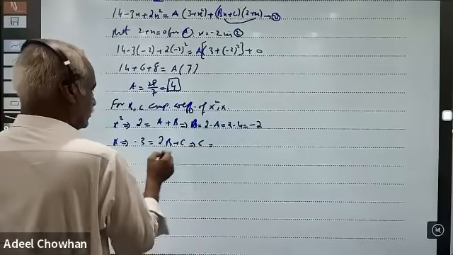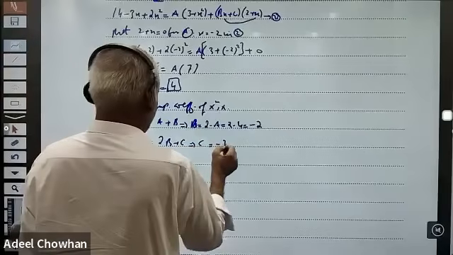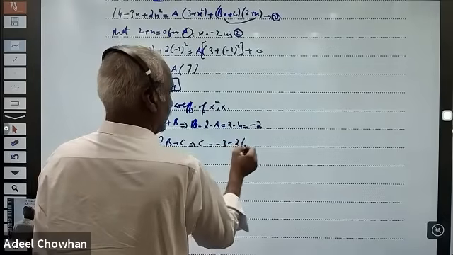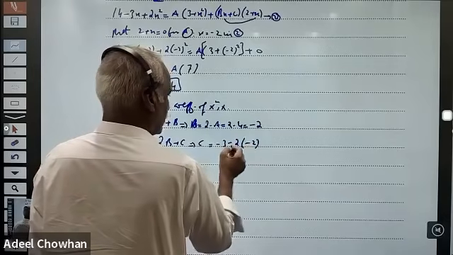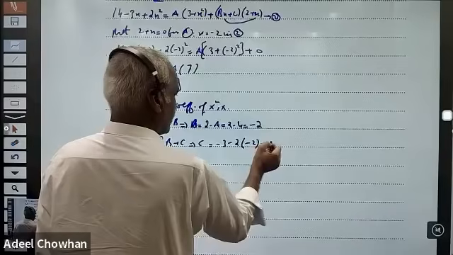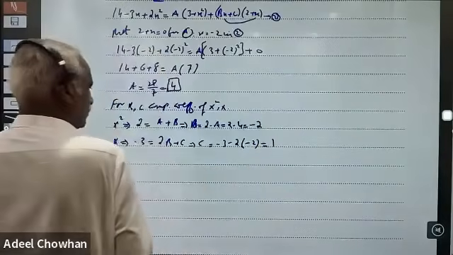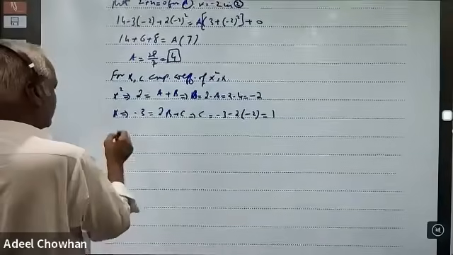So c is equal to minus 3 minus 2, the b value is minus 2, so 4 minus 3, that is 1.